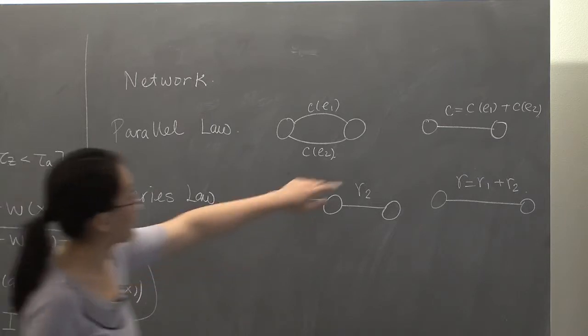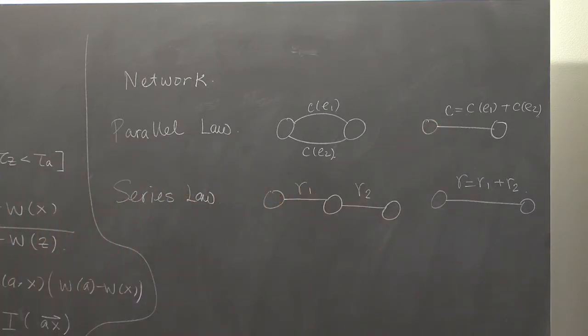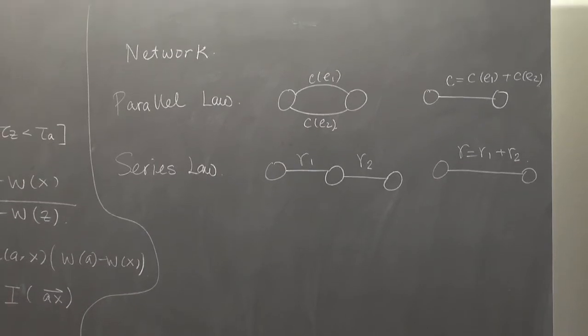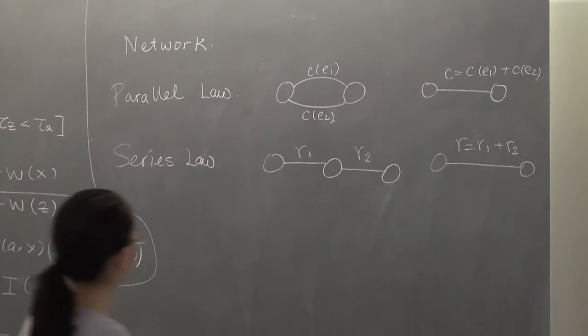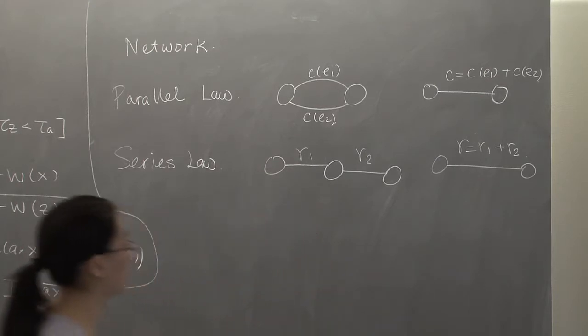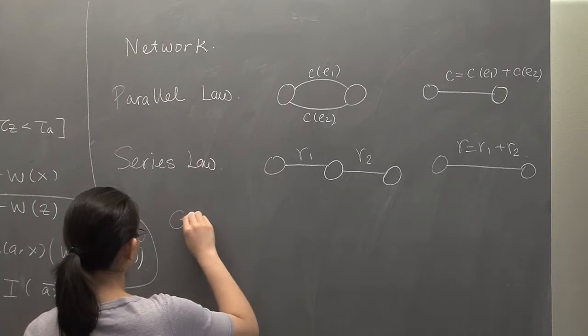So just remember that here it is the sum of the two conductances, and here it is the sum of the two resistances. So this is the series law. After this operation, the voltage and all the conditions of this network are unchanged outside this small part. Okay, the third operation is called gluing.